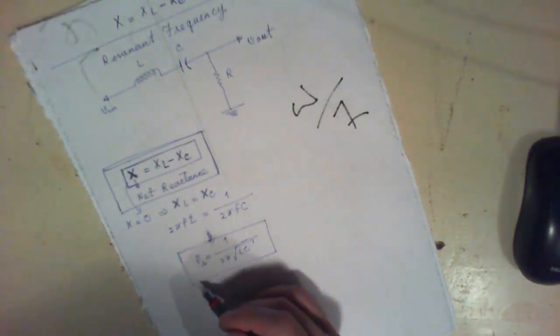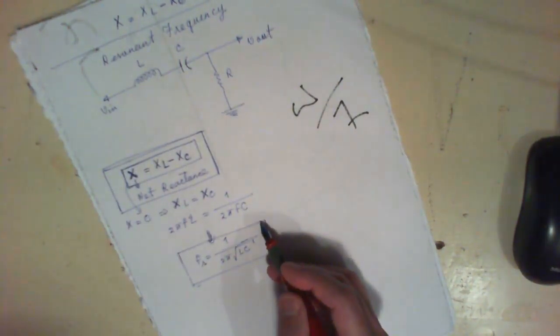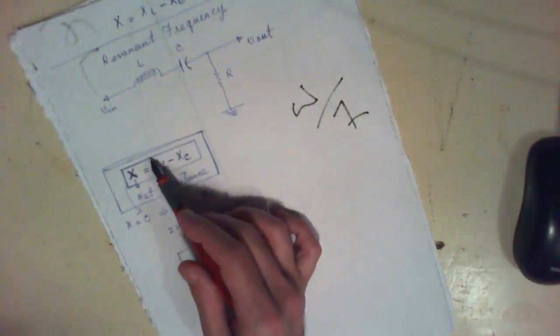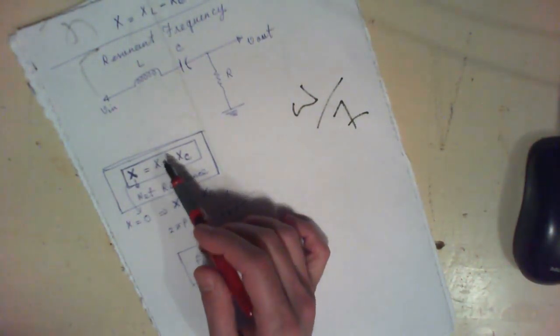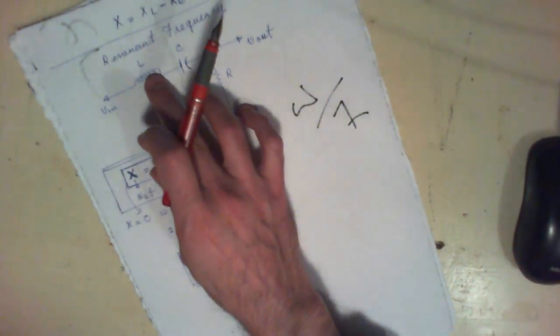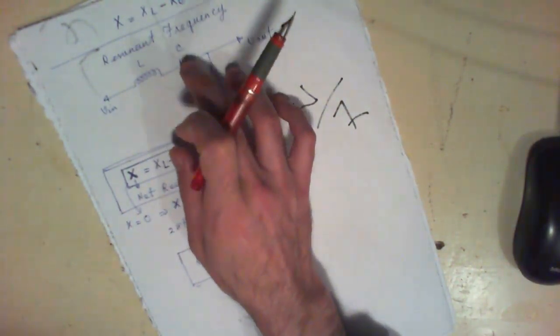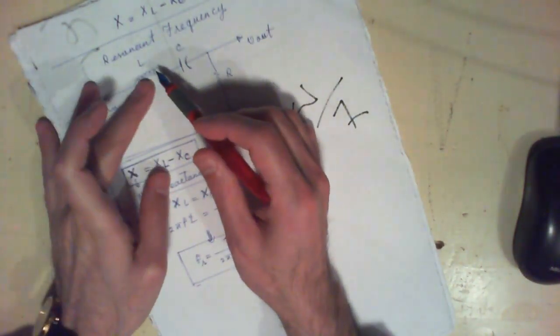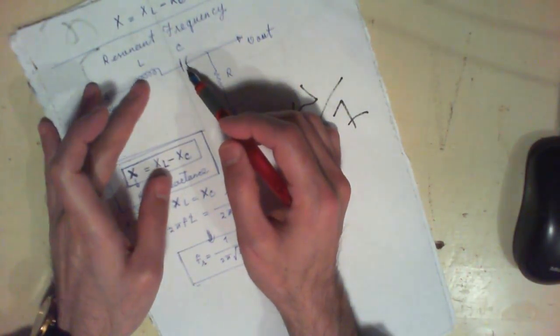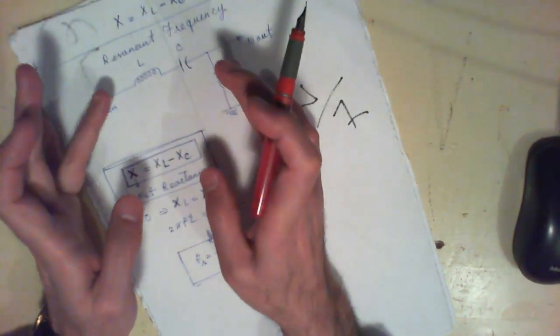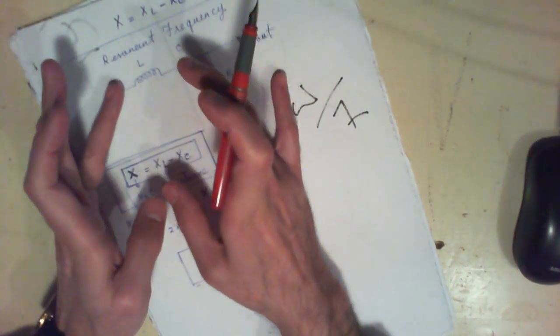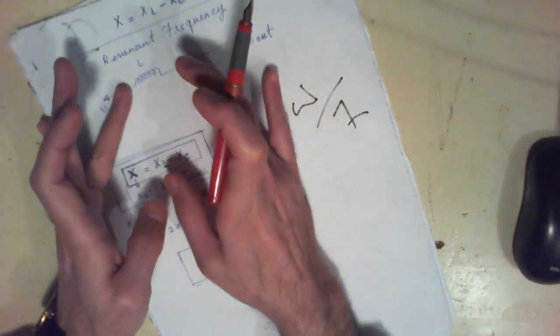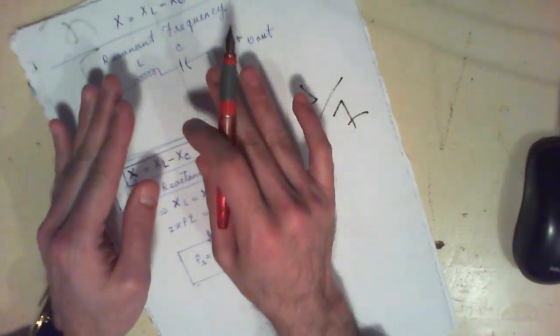The resonant frequency is the frequency at which the reactance of your inductor is the same as the reactance of your capacitor. When that happens, the voltage drop across the two components together is at a minimum.